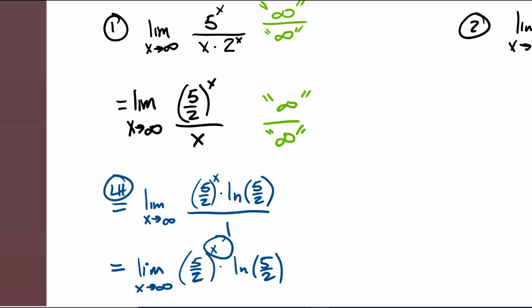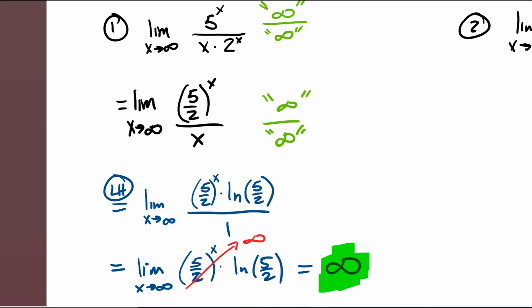Well, since that exponent's going to infinity up there, and this number is larger than 1, if that base was less than 1, it would have gone to 0. But this base is bigger than 1. So this thing is going to absolutely take off and go to infinity. So our solution for this would be infinity. It blew up without bound.